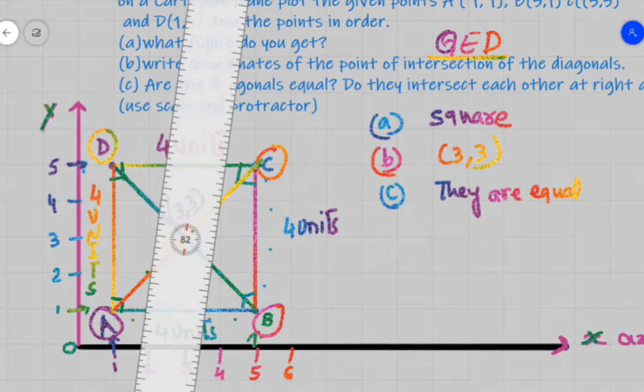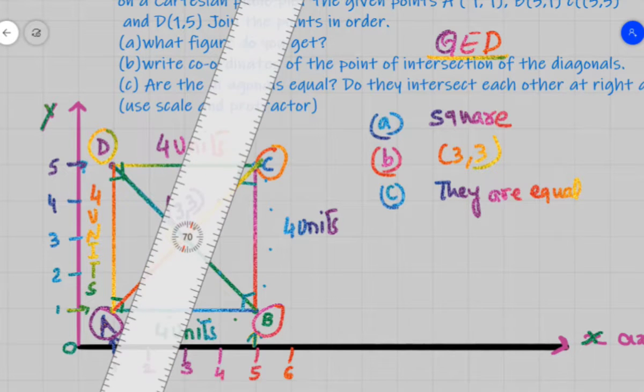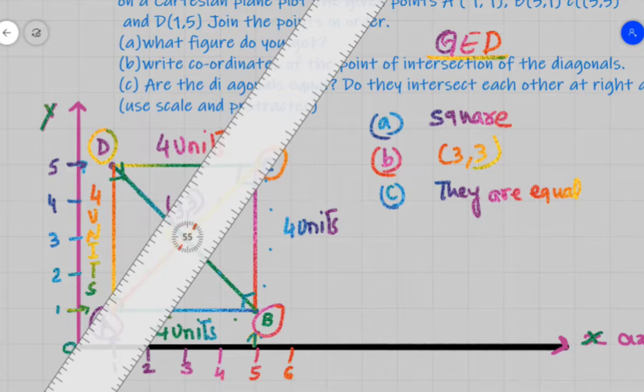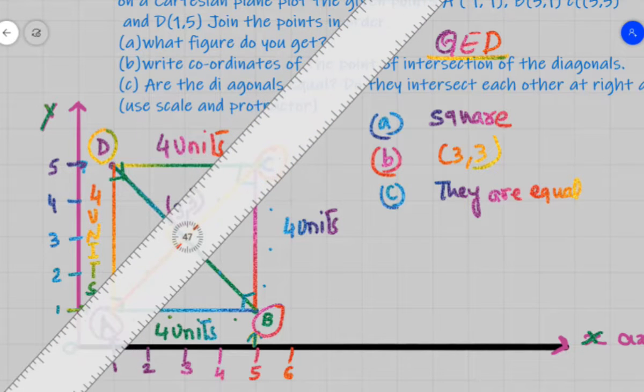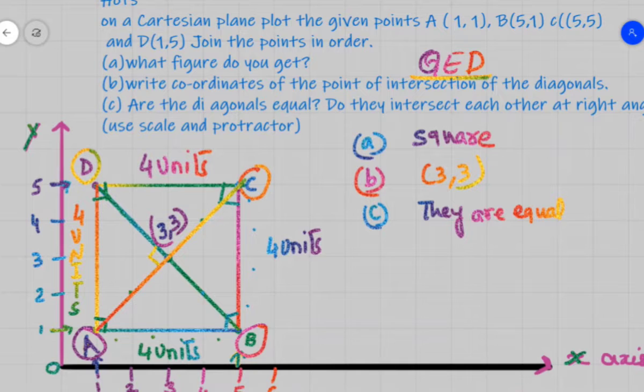You have to keep it here and see whether you are getting 90 degrees or not. It is showing this angle only. Children, you better use your protractor. Here I am using the scale, that's why I am not able to show it. You use a protractor and you will come to know that this is a right angle.